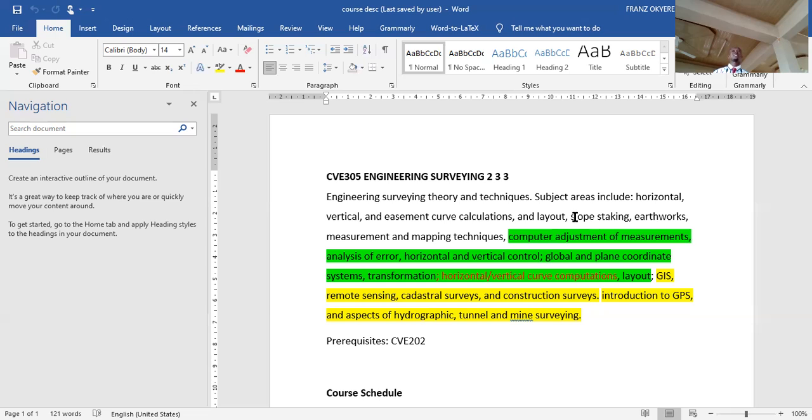Have you heard of control points? In survey, you have done some introduction to surveying. So you might have heard about that. If you've not done that, you can't do this. So we're talking about horizontal control and vertical control here.